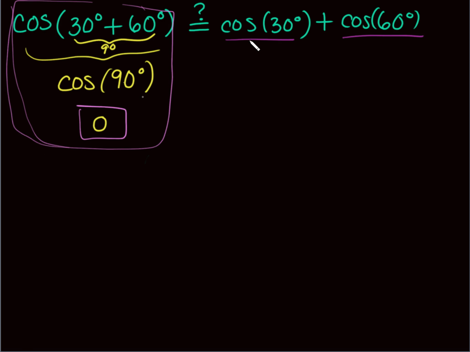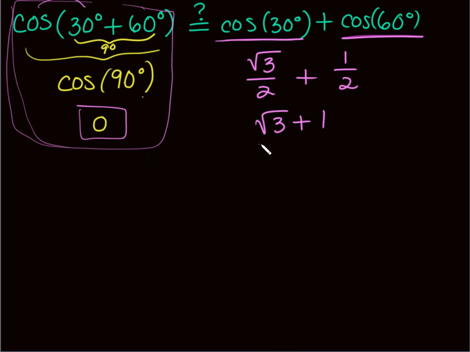Over here, what part have I guessed on? I've guessed that I could distribute that cosine through to each one. We're going to see quickly that this is not the case. Cosine of 30 is root 3 over 2. Cosine of 60 is 1/2. So last time I checked, 0 is not equal to root 3 plus 1 over 2.